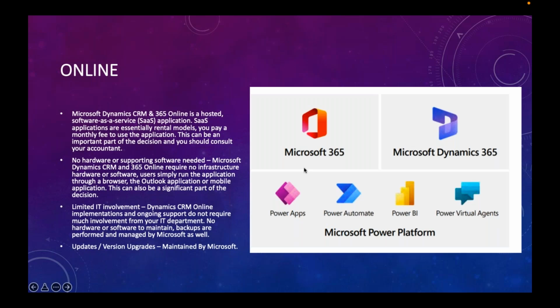This kind of communication, or any infrastructure or team members' help, we no need at all. It is clearly stated in this point that Dynamics CRM online implementations and ongoing support do not require much involvement from your IT department.